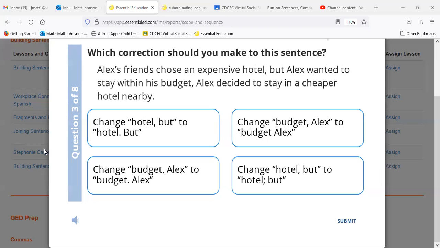So we know what to do. We look and see what changes we're going to make here. We're not going to remove a comma. We need to make Alex decided to stay in a cheaper hotel nearby its own sentence. And that's going to leave this choice down here, right? So we take away the comma and we add a period.